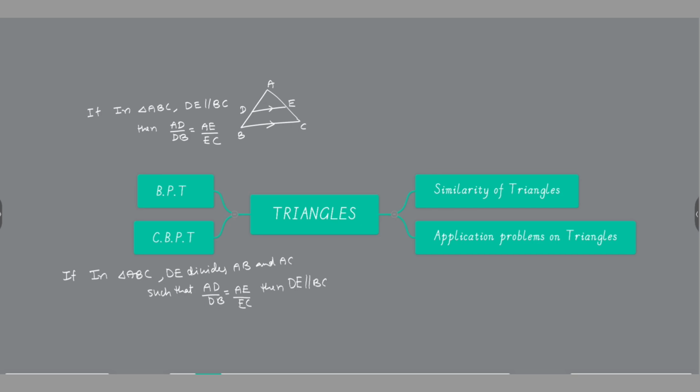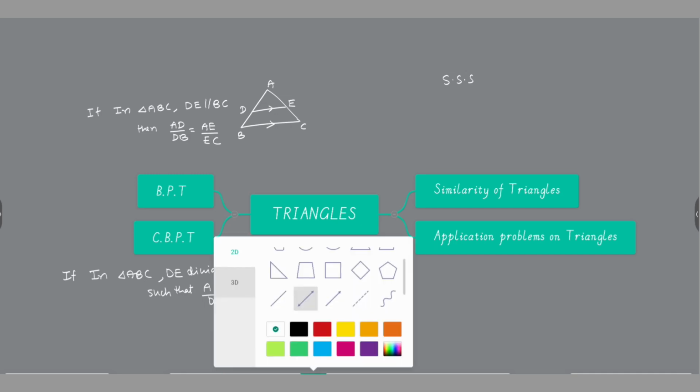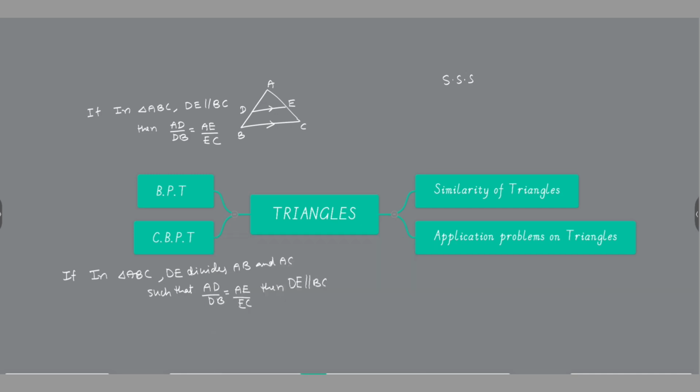Very important. Then after this, we have similarity criteria. One is SSS. According to this, if we have two triangles, one is ABC and the other is PQR, then based on the SSS similarity criterion, how do we decide they are similar?